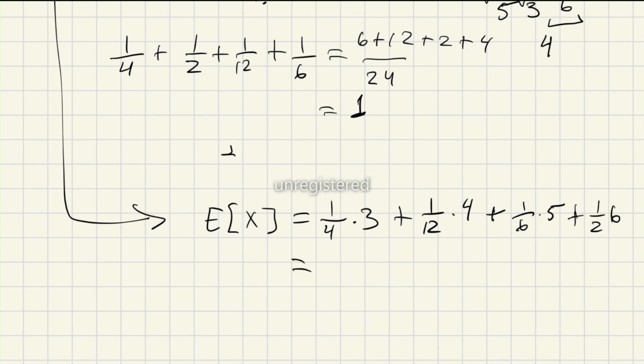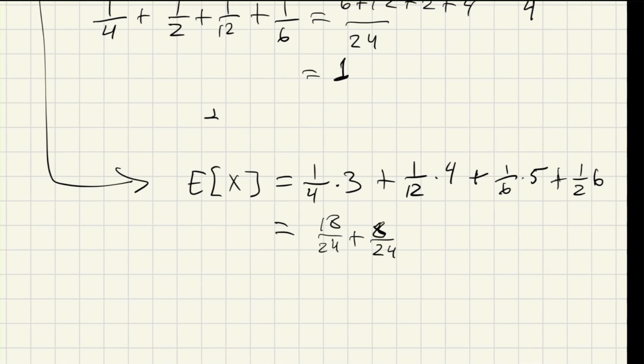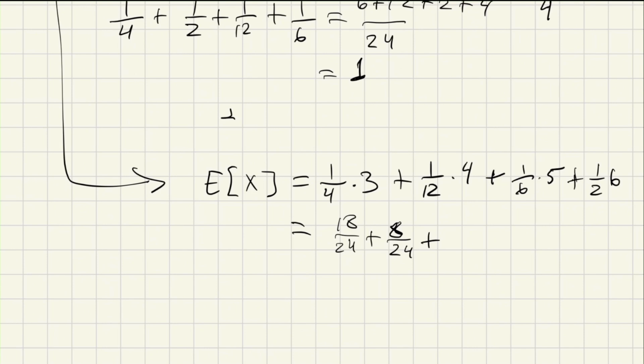Now let's simplify everything. How about we put everything over a common denominator of 24. So 3/4 becomes 18 over 24, plus 8 over 24, plus 20 over 24, plus 72 over 24.